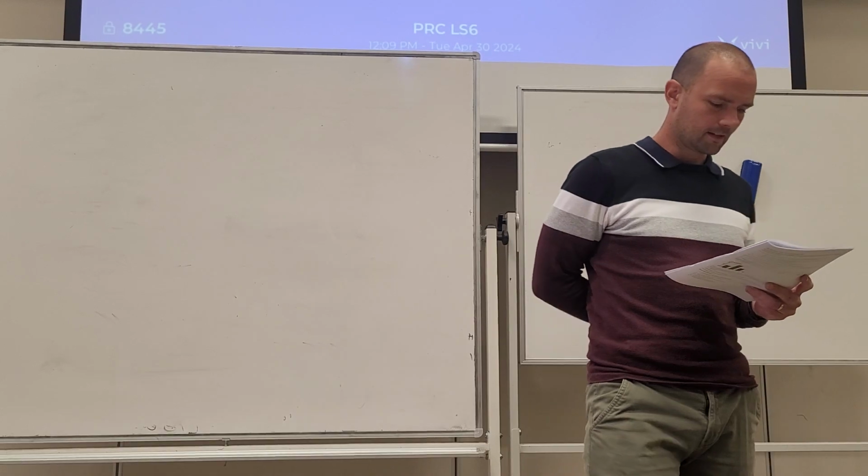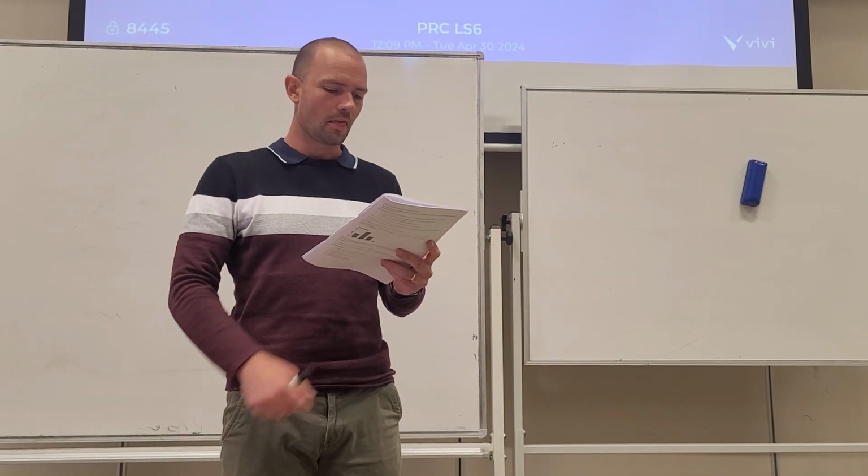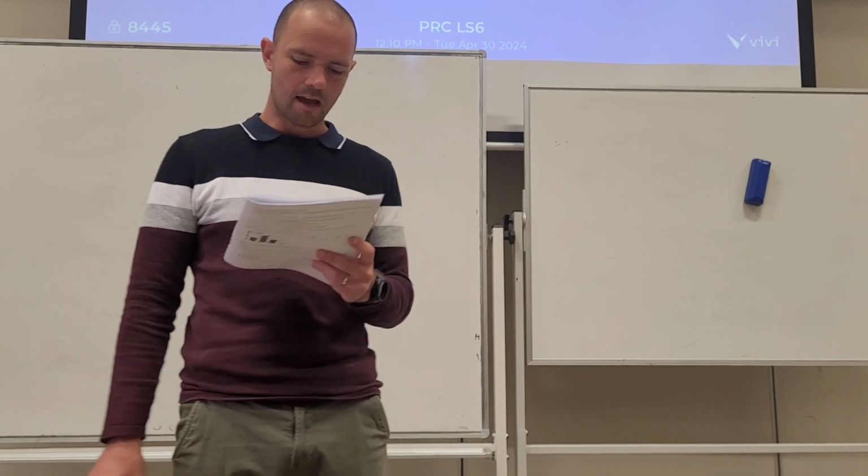We'll go through them pretty quickly. I think just write a D or a C, D for discrete, C for continuous. B, the distance from school to a student's house, that's something you measure, that's going to be continuous. The number of pencils in a pencil case. This is going to be discrete. It's going to take on a whole integer value. It's something that you count. Number of cars in the car park, also something you count.